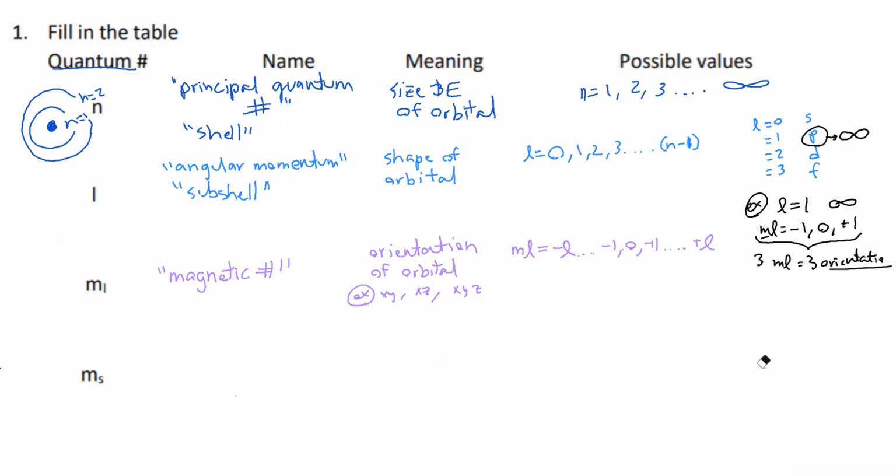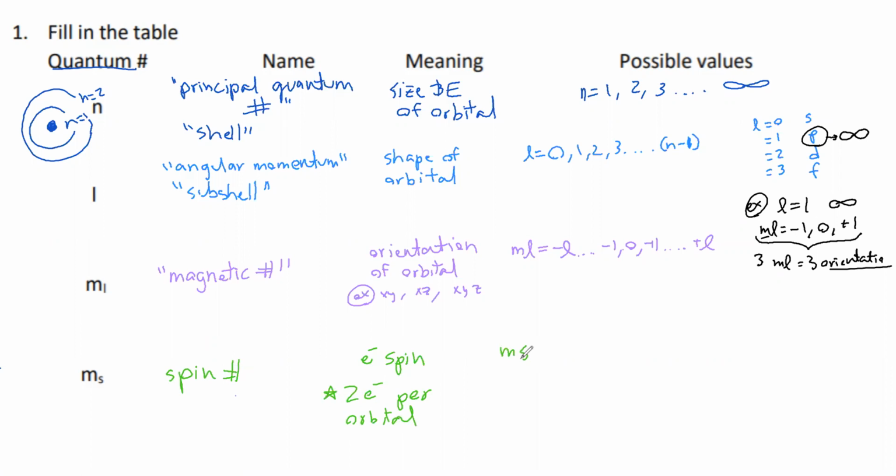Next, dealing with the last one, I guess we'll do green, is MS, the spin number. It tells us about the electron spin. By the way, how many electrons are there per orbital? There'll be 2 electrons per orbital.